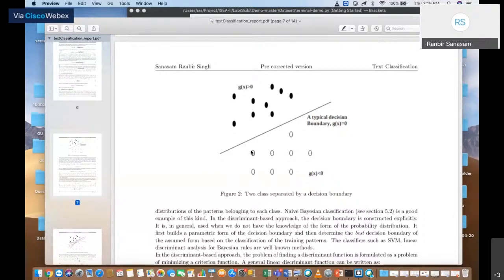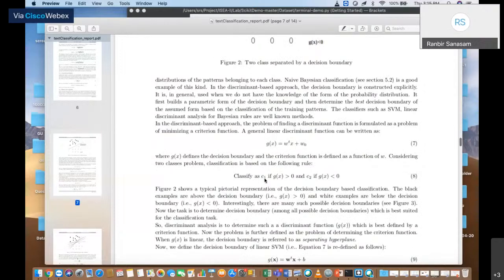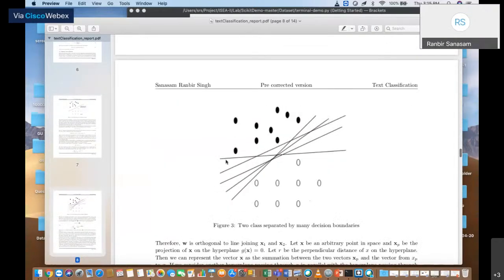The problem is, in this diagram, between the black and the white, you may be able to draw lots of hyperplanes that will separate black from white. You have an infinite number of hyperplanes between black and white. So which hyperplane is the best hyperplane separating black and white?